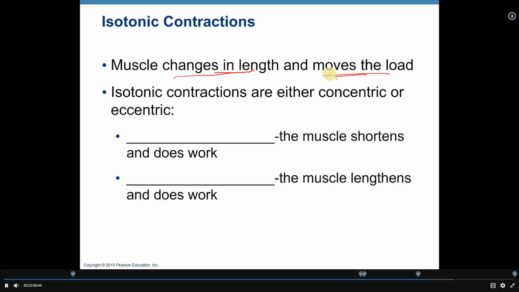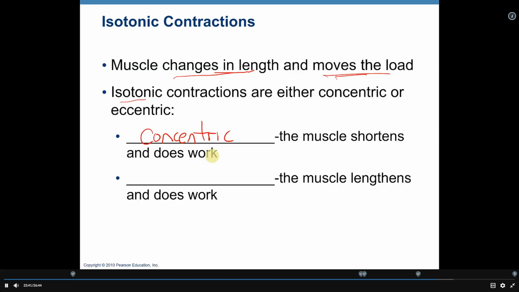So you might think, well, isn't that always what happens? The muscle contracts and you get movement, but not always. Isotonic contractions can either be concentric or eccentric. Concentric isotonic movements are when the muscle shortens and does work. So think about picking up a dumbbell off the floor with your arms.